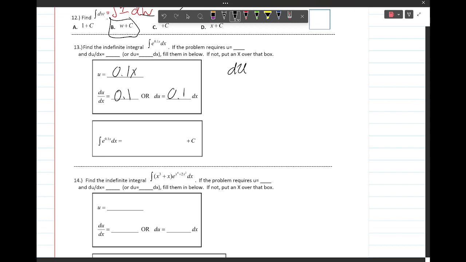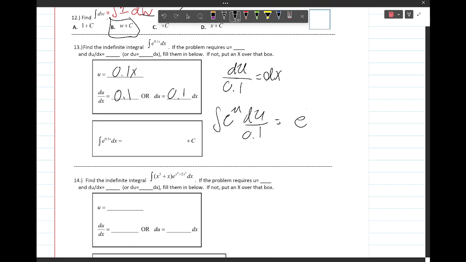So we'll move it over to the other side to get dx. And then when we substitute in, we'll get e to the u du over 0.1.